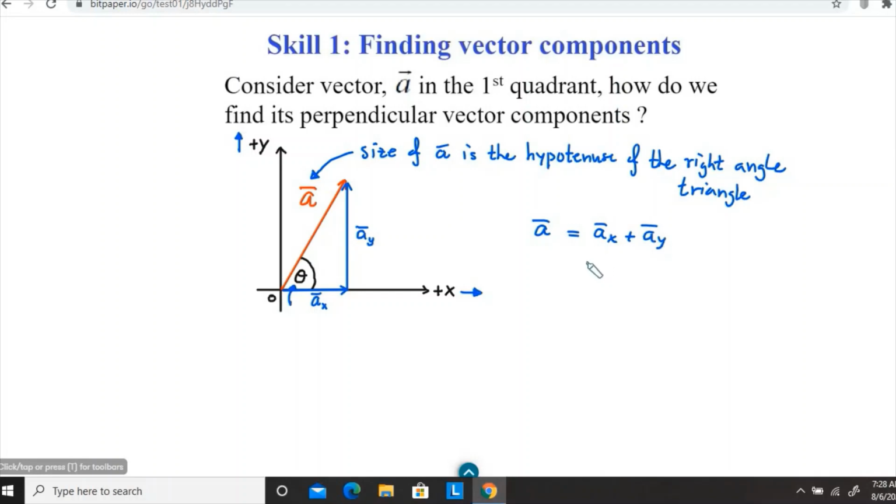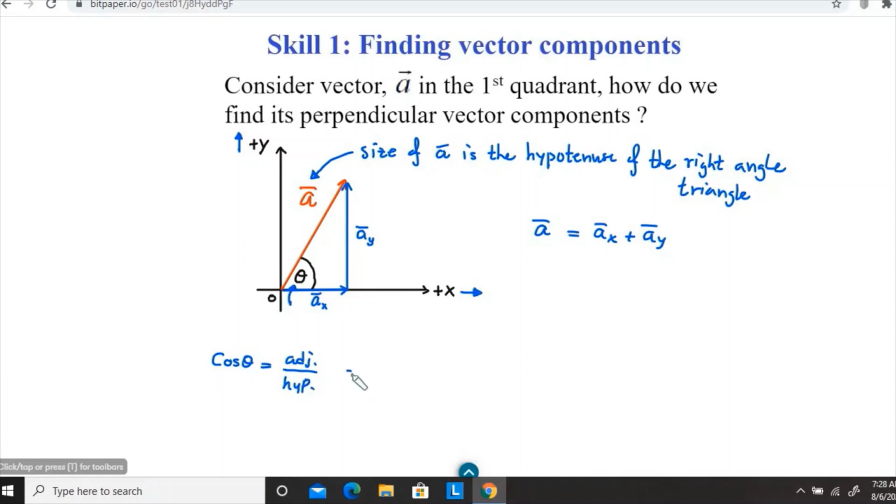Now our objective is to figure out Ax vector and Ay vector in terms of the angles, the trigonometric functions, and the original vector A. So let's see how we can do that. I'm going to first use the definition of cosine theta. If you recall, that's the adjacent side of the right angle triangle divided by the hypotenuse.